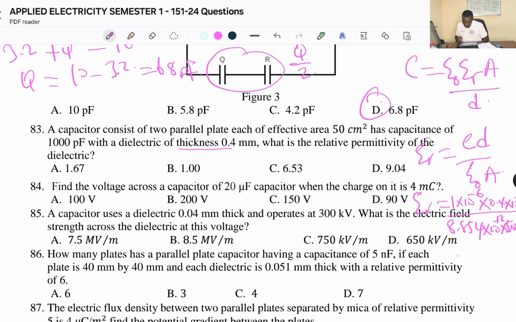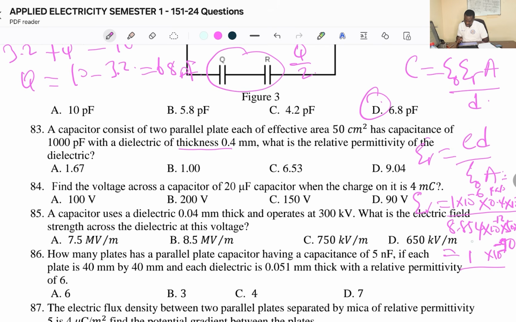Right? So we have all this. If we do all this, what do I get? We know the whole of this on top is 10 to the power minus 9. Then 0.4 is just 4 times 10 to the power minus 1, so here would rather be 10, so minus 10 on top.